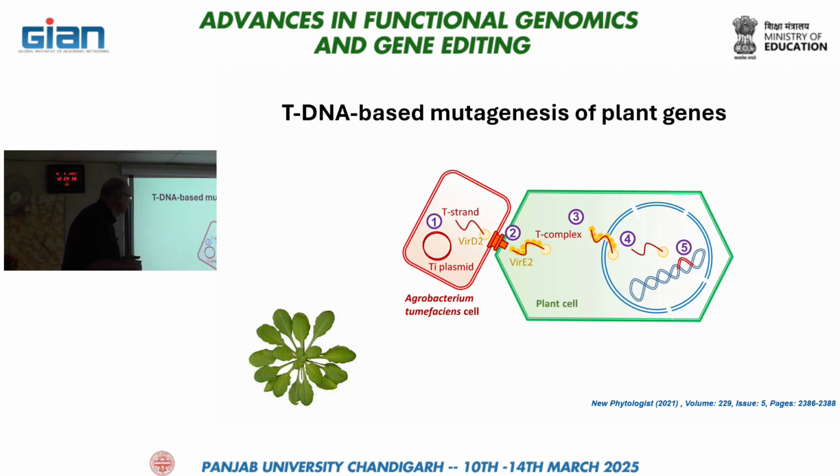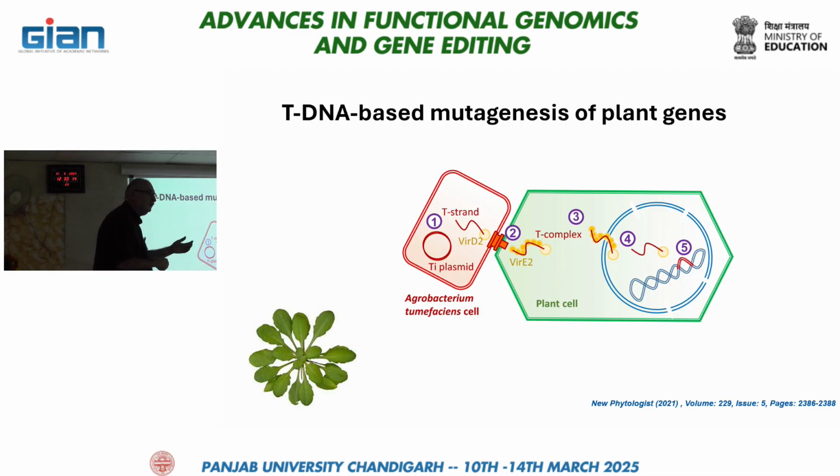So if you use this kind of Agrobacterium infection, you can obtain a lot of plants with disruption of a certain single gene. So then you obtain a collection of plants with one insertion in each gene of Arabidopsis. And right now we have big collections of Arabidopsis mutants, and each particular mutant has an insertion of tDNA in a particular gene, which means that this gene is not active.